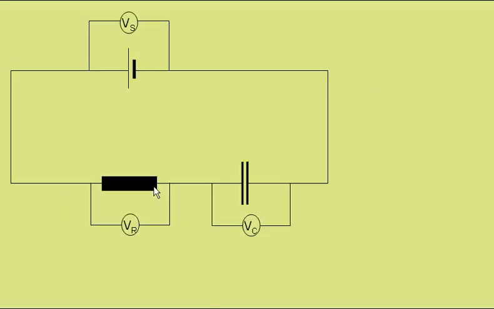Here we have a circuit with a power supply with the potential difference across the supply shown here, a resistor, and this is the potential difference across the resistor, and here's the capacitor with its potential difference. Now at all times the supply potential difference will be equal to the sum of that across the capacitor and the resistor.